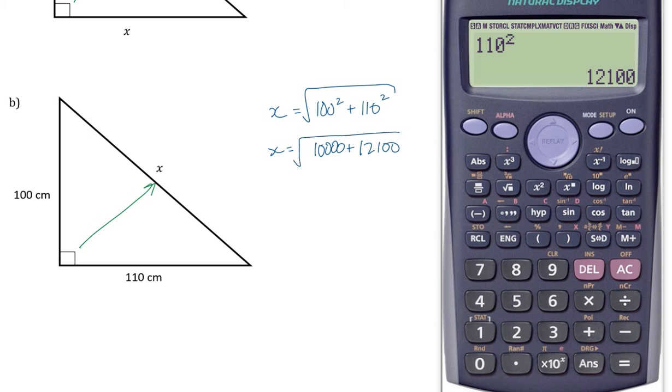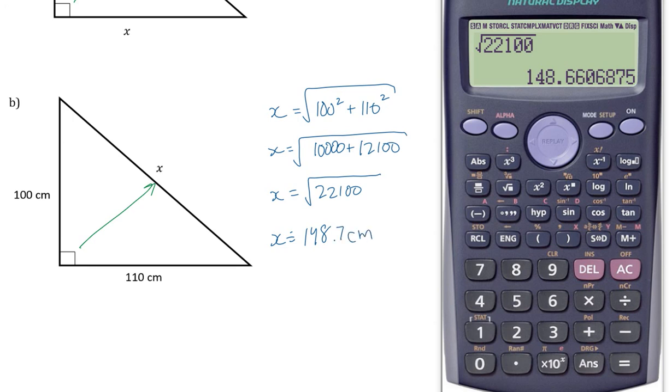And then I take the square root of everything, add those together. Okay, and I get the square root of 22,100, which works out to 148.7. And again, this one happens to be in centimeters as well.